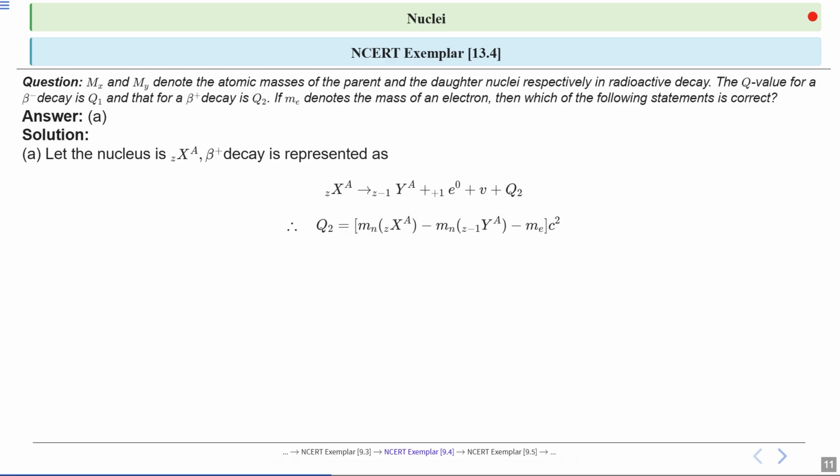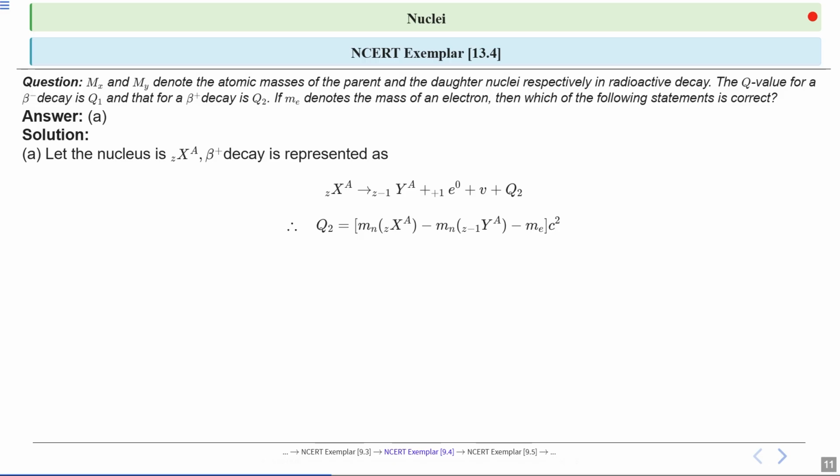So in beta positive decay, a nucleus emits a positron. The Q value is energy release calculated as Q2 equal to Mn and Zxa. So this Mn is the mass of nucleon of which atom? Which nuclei? Parent nucleus.